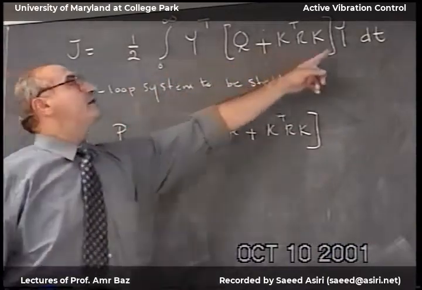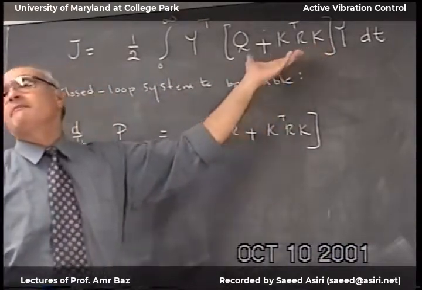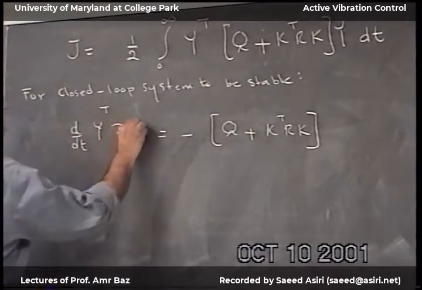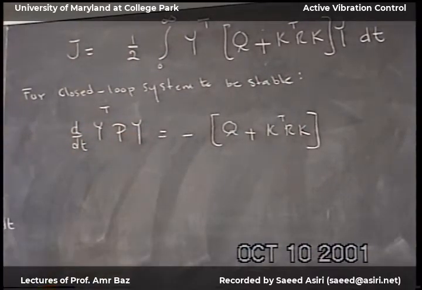Now I have here y and y transpose, so instead of the x and x transpose, I'm going to make this y transpose and y. Then the rest straightforward.